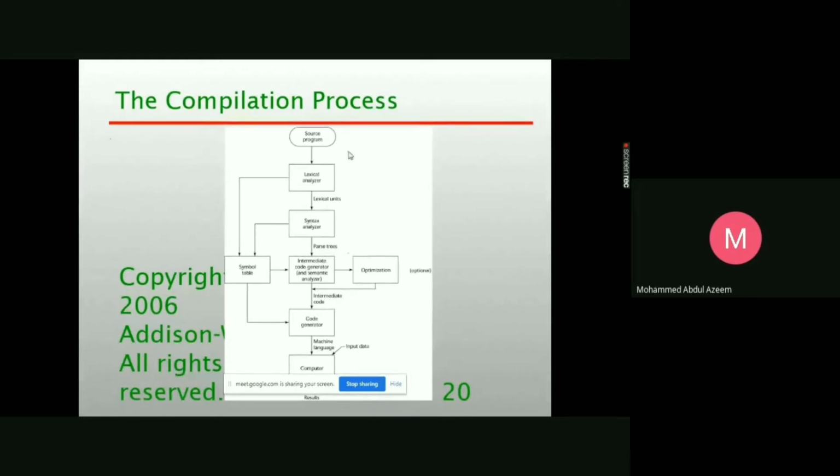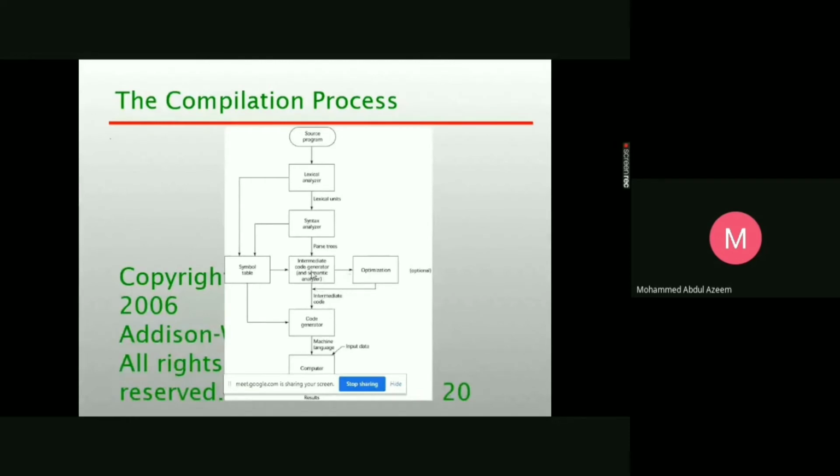So the source program, when fed to the lexical analyzer, is converted into lexical units with the help of the symbol table. Then the syntax analyzer converts it into parse trees. These are then fed as input to the intermediate code generator or the semantic analyzer.